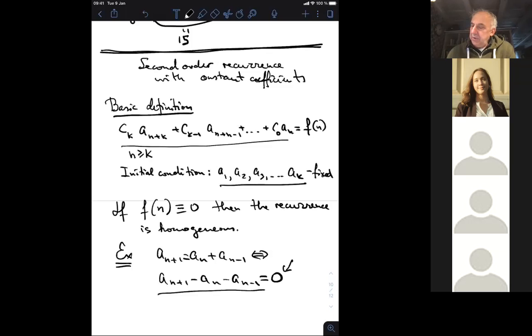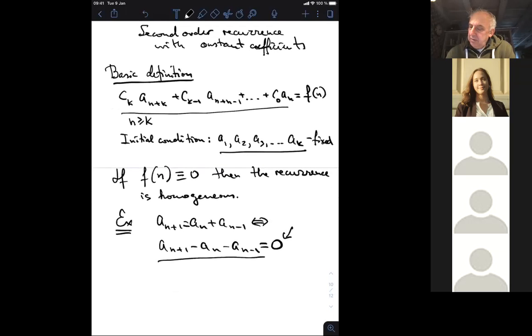Okay, so let me start with some general lemma, and you have probably seen such a lemma in linear algebra, maybe solving non-homogeneous systems of linear equations. And if you have worked with linear differential equations of second order or any order, you have seen similar statements.